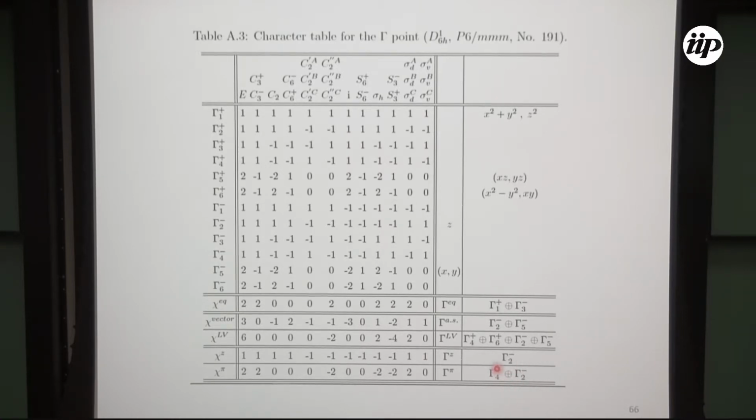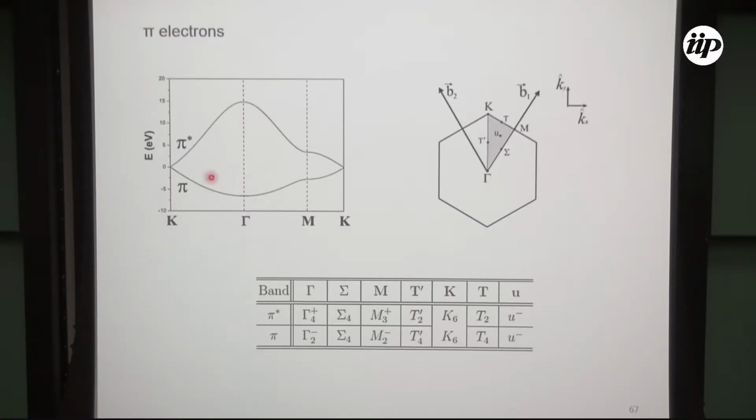So now I know the symmetries of these two branches. Okay, so this is the electron dispersion curve around the Brillouin zone of graphene. One of them is gamma 4, the other is gamma 2. Which is which? I don't know. So then we need to do some first principle calculations.